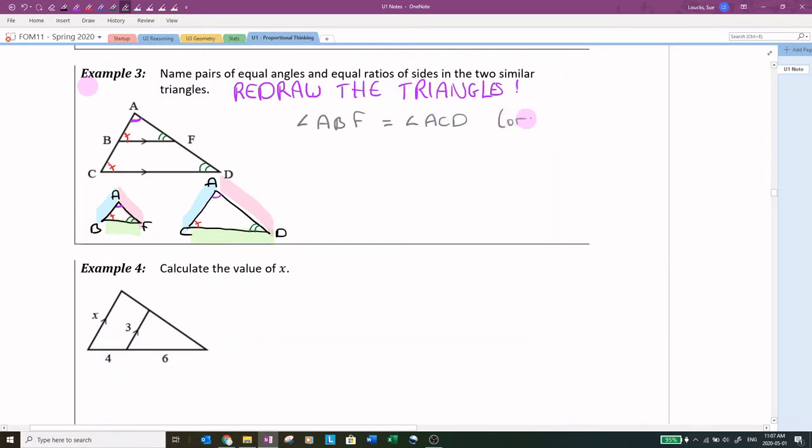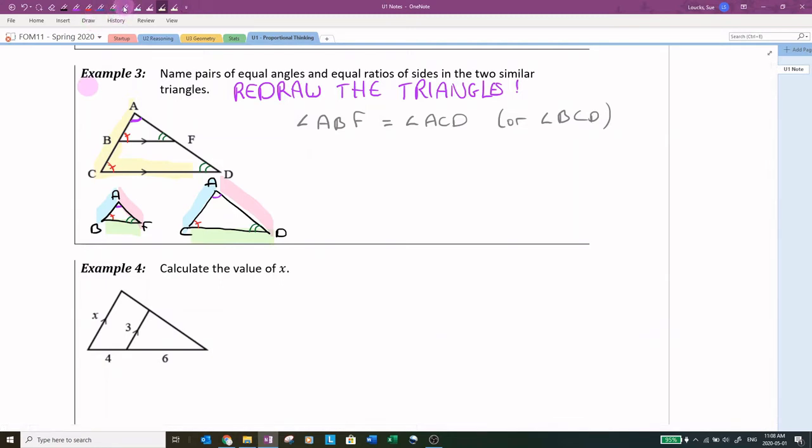I could also label that one as angle BCD, because if I start at B and go to C and go to D, that's exactly the same angle as if I start at A and go to C and go to D. Same angle. I would probably go with the ACD because that's how we've drawn it in our second triangle here, but either one is correct.